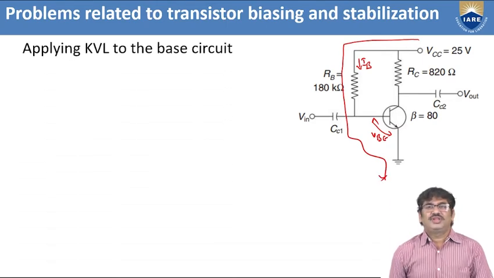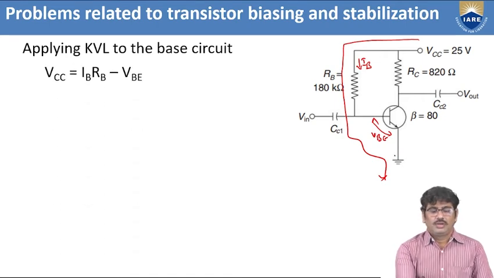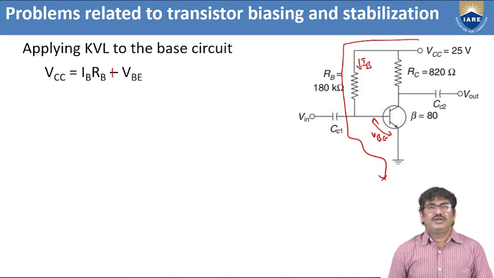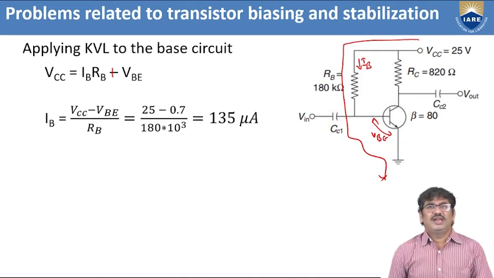The KVL expression for the input circuit is given as VCC is equivalent to IB into RB plus VBE. From this, IB will get as IB is equivalent to VCC minus VBE divided by RB.